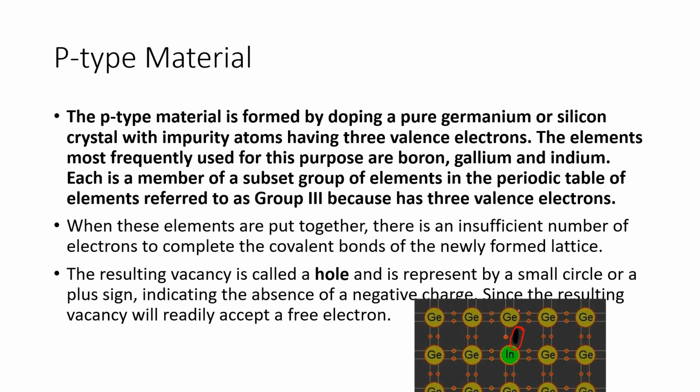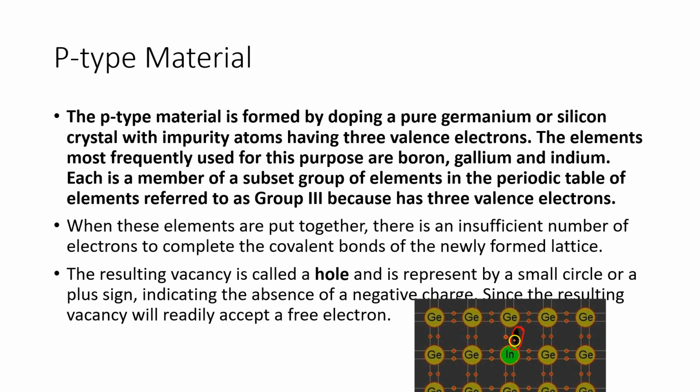For that reason, we call it a p-type material, because of the absence of that electron to fill this gap right here, to bond right here, we can say that this thing is now positively charged rather than negatively charged.